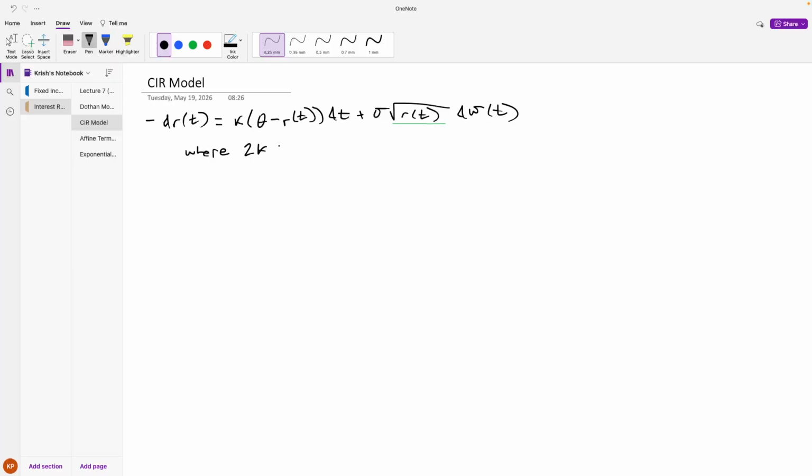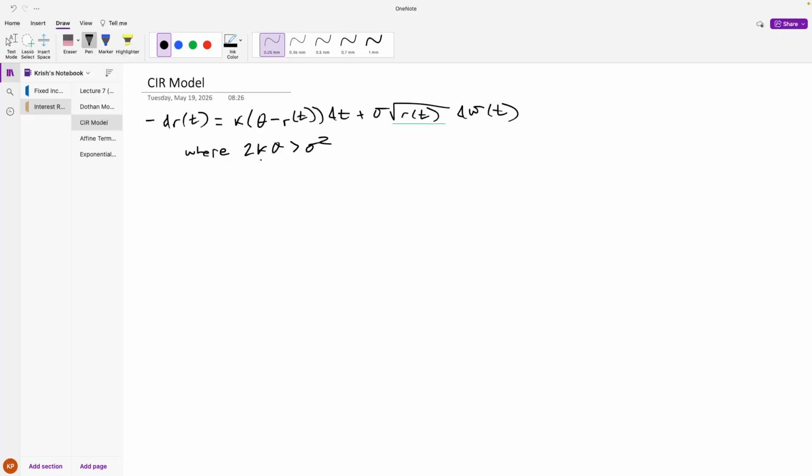A constraint that needs to be imposed is called the Feller condition. Okay, so what it means is that it makes sure that the rates that we develop do not arbitrarily move to 0, right? We still have this issue with RT being a component inside Brownian noise, and so it can lead us moving towards 0 like the Dothan model did.